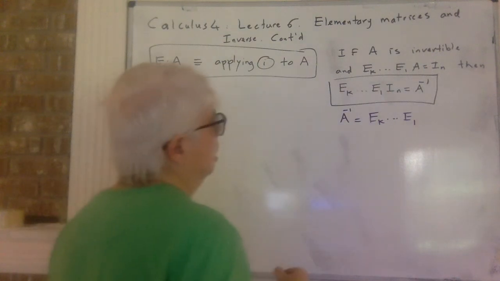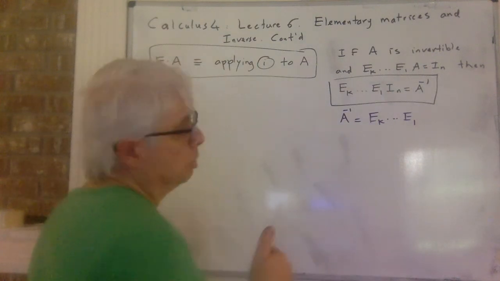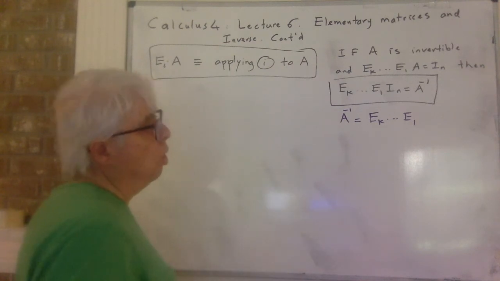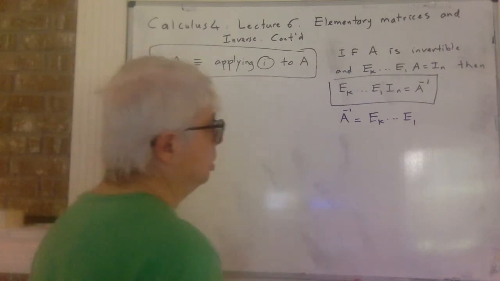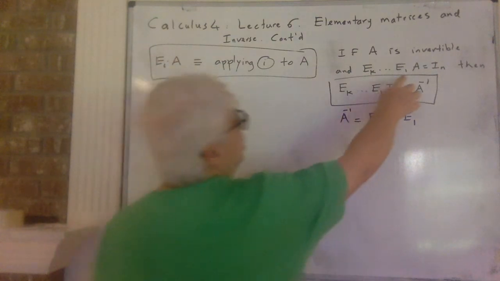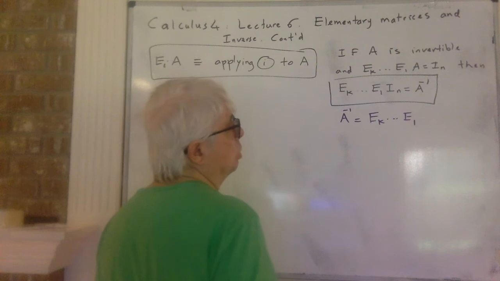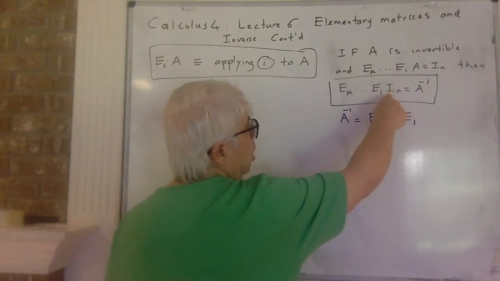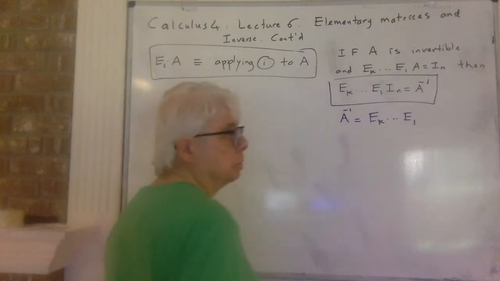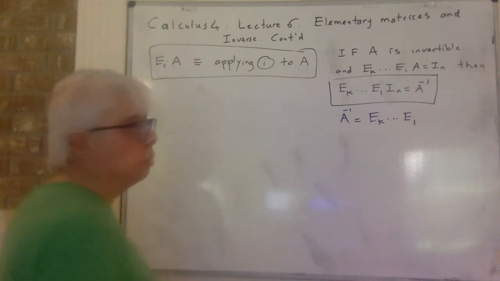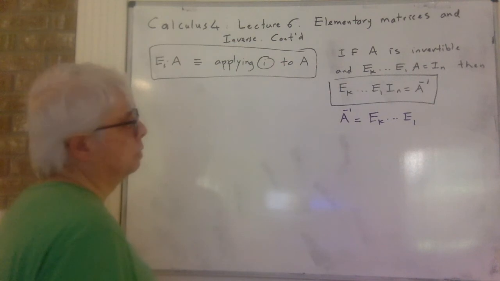So if I start with IN and apply all the operations that change A into IN, I will get A inverse. It's not multiplying. If I do the same operations on IN, I will get A inverse.